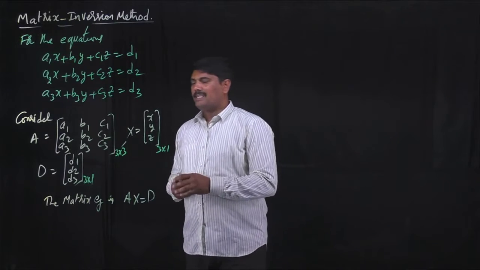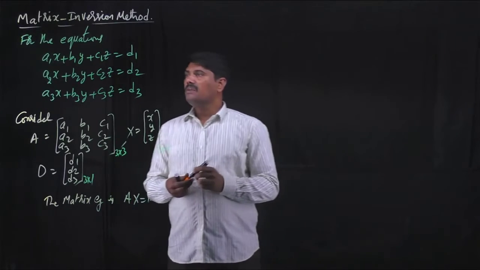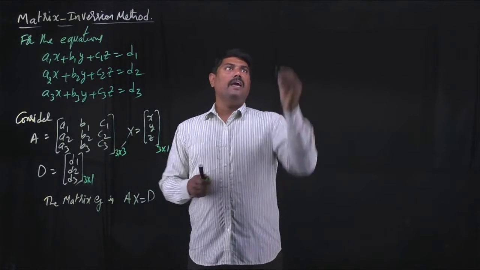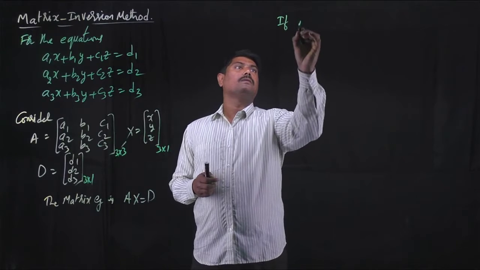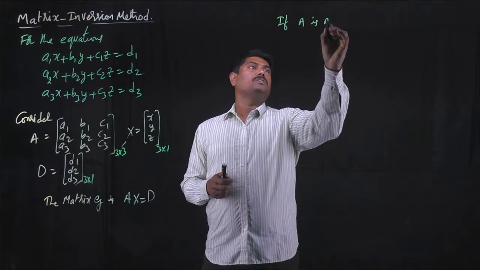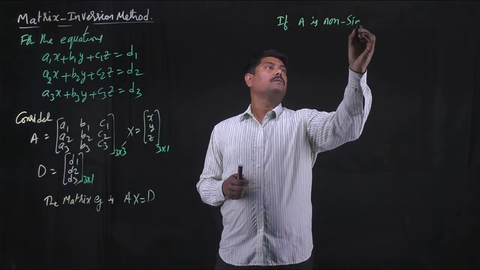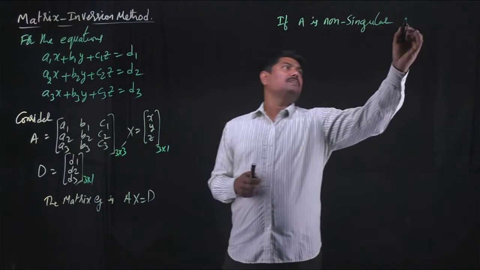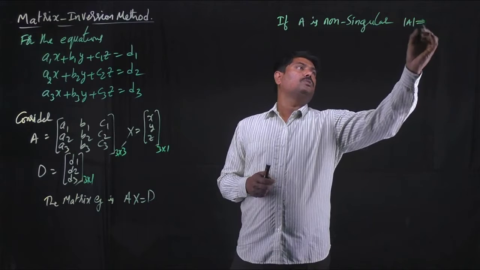So the matrix inversion says if A is non-singular, non-singular means that determinant of A is not equal to 0.